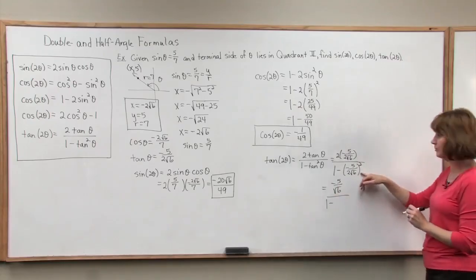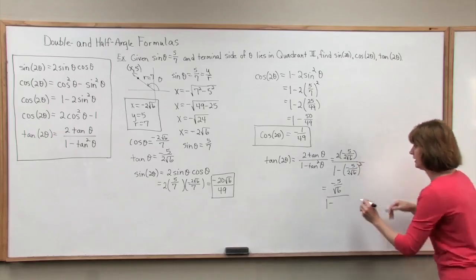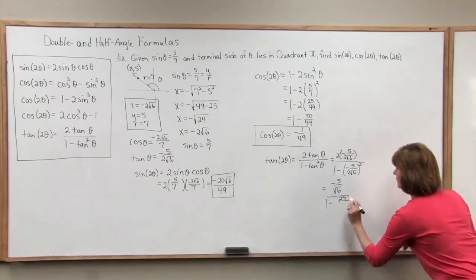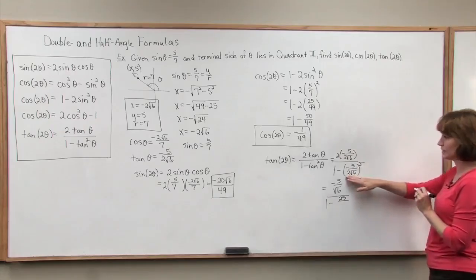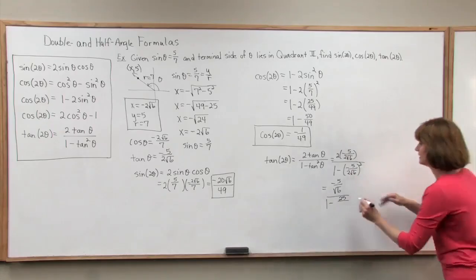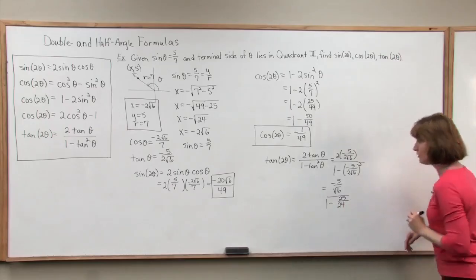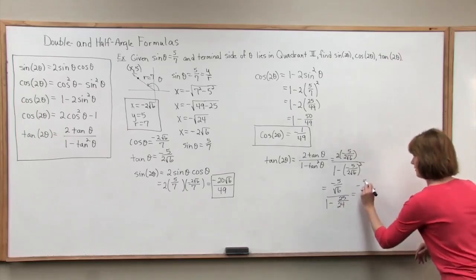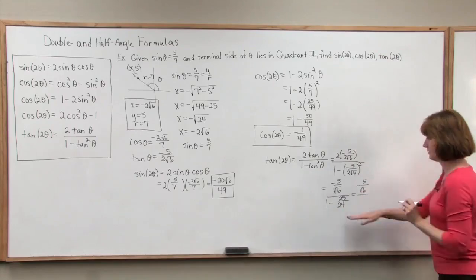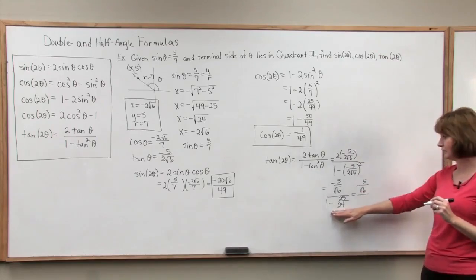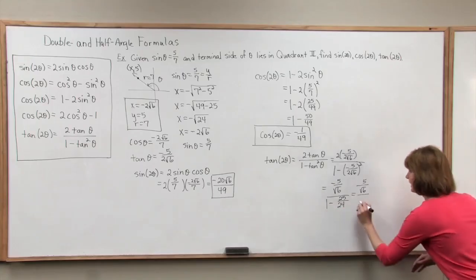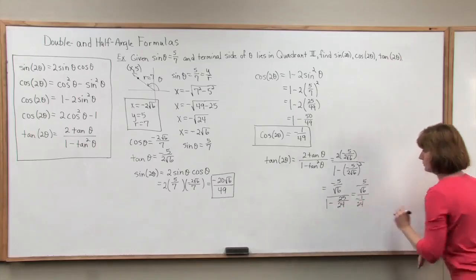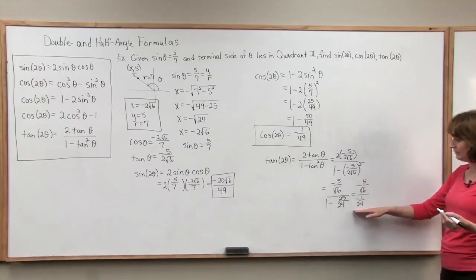When you square this, remember you're going to square the numerator and the denominator, so you're going to get 25 in the numerator. And in the denominator, you're going to square 2 and get 4. Square root of 6 squared is 6. 4 times 6 is 24. And 1 minus 25 over 24, that's 24 over 24, so that's negative 1 over 24. And we can't leave complex fractions.